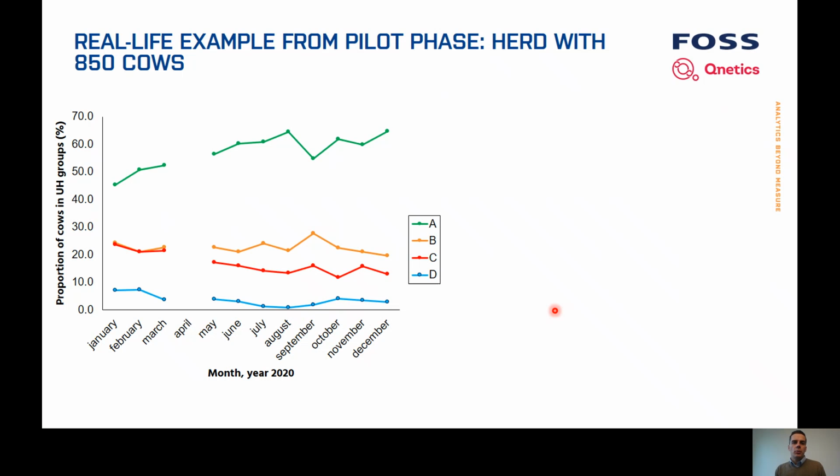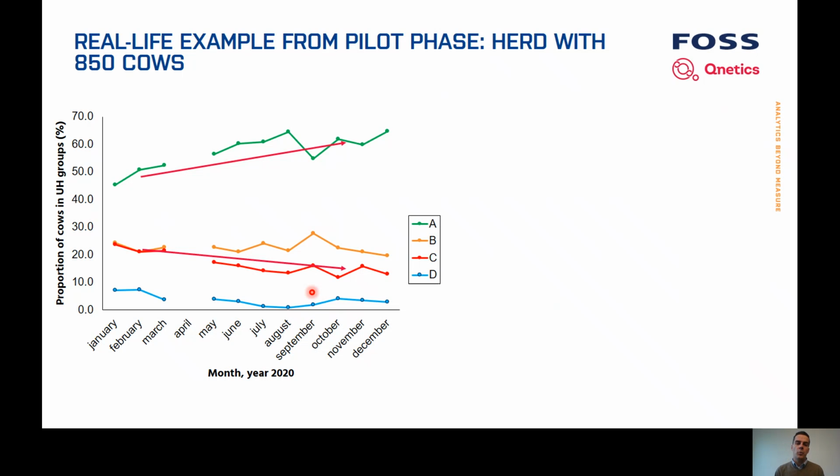And I brought you one example from a farm with 850 cows. Here we can see the development of the proportions of cows in the 4 different udder health groups. It was a very desirable development on this farm because we can see a very steady increase of cows in udder health group A and a steady decrease of cows in groups B, C, and D as well.